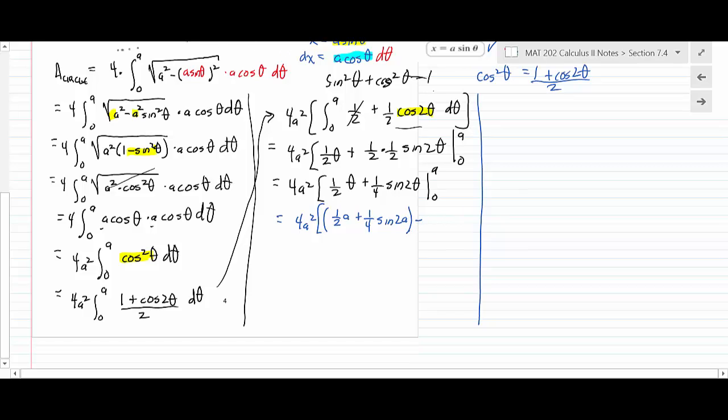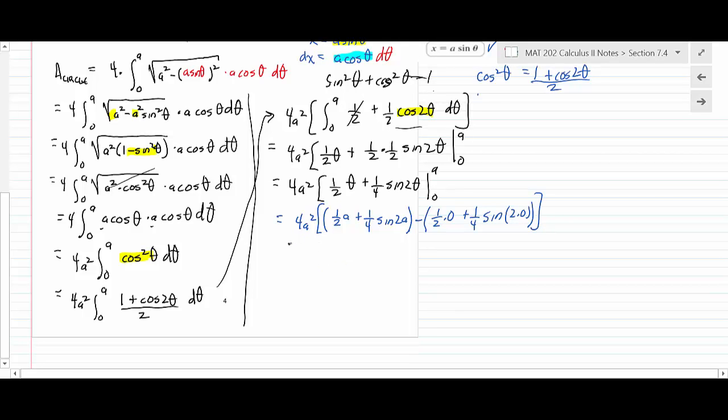And I have to do the 0 part here. Remember, we're trying to get pi a squared out of this whole mess. If we get pi a squared, we're good. I already know what the answer is supposed to be because we're finding the area of a circle. So now it would be 1/2 times 0 plus 1/4 sine of 2 times 0. And then we just have to crunch out the details.